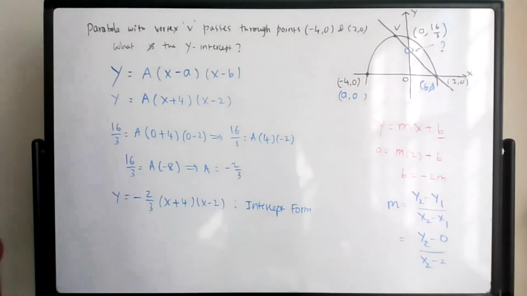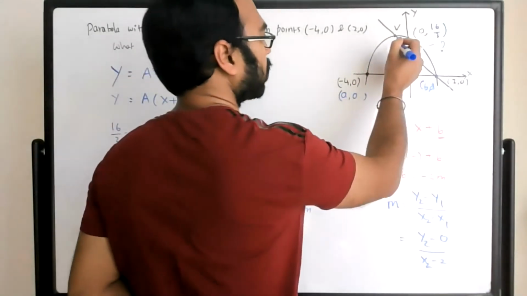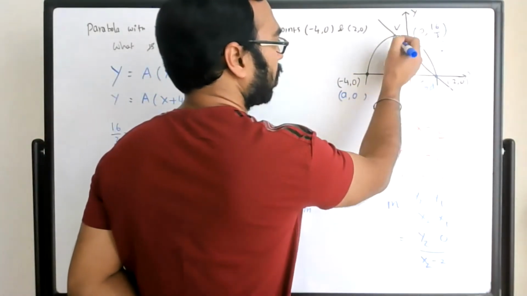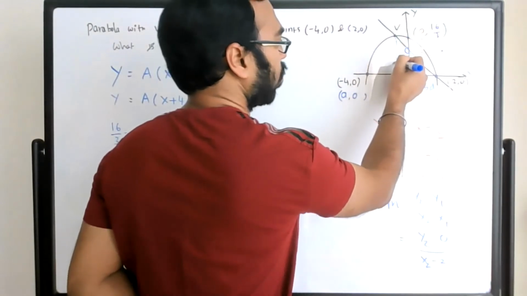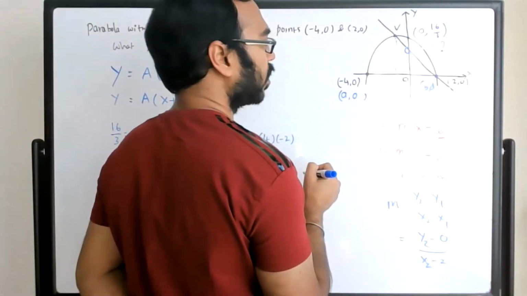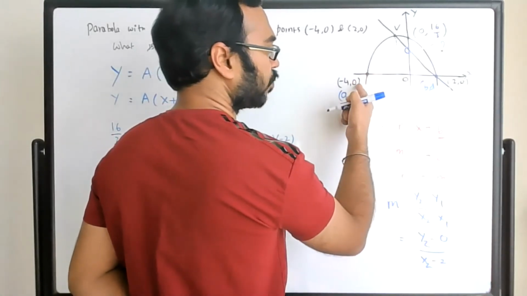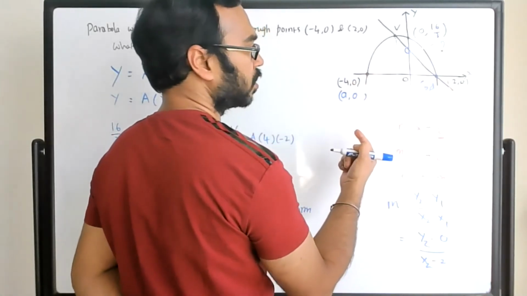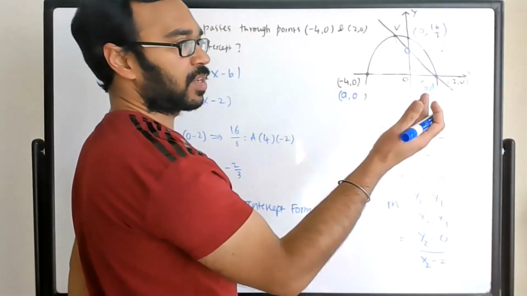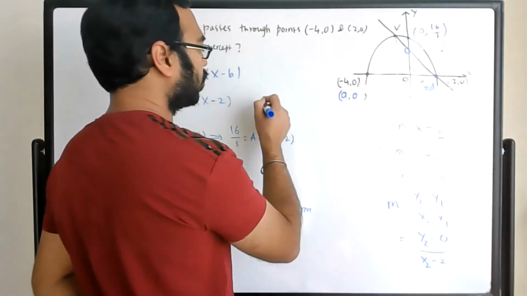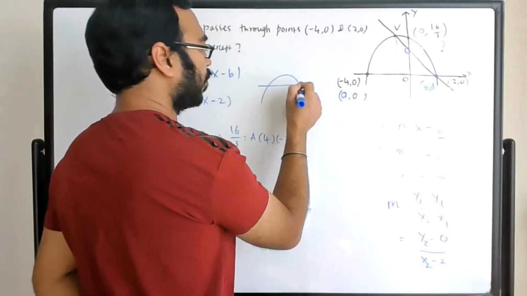So think about it, this particular point. If you think about the x coordinate of this point, it is the middle of -4, 0, and 2, 0, because a parabola is always a symmetric object. It doesn't matter where you draw the line.